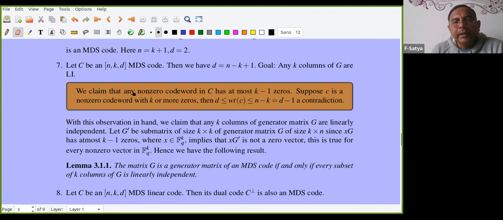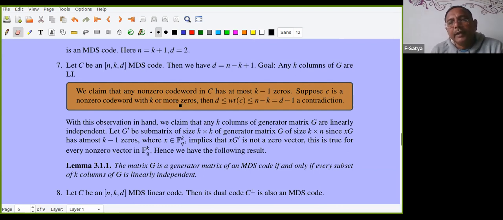We claim that any non-zero codeword in C has at most, so this is the goal, but before that I have a small goal. We claim that any non-zero codeword in C has at most k minus 1 zeros. That is very simple, because suppose c is a non-zero codeword with k or more zeros.